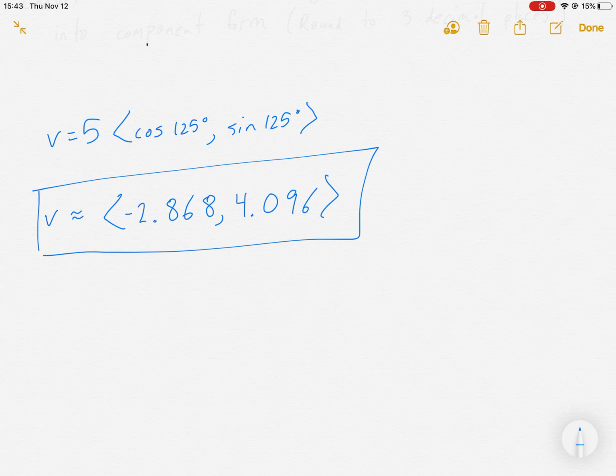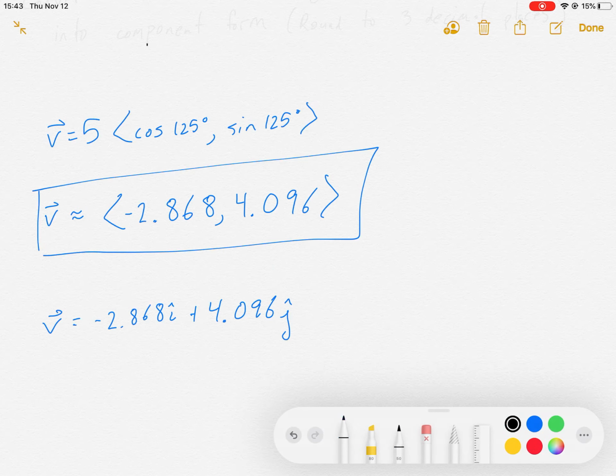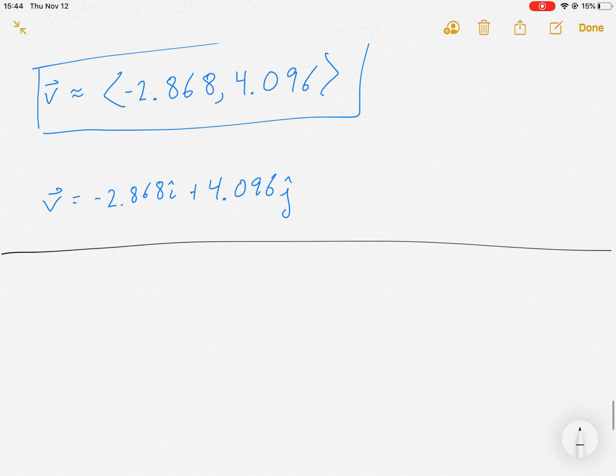Or you could write this using i hat and j hat, and you would just say that this is negative 2.868 in the direction of i hat, which is x, plus 4.096 in the direction of j hat, which is y. You could graph this, you could do some other stuff with it, but the big takeaway here is rewriting it in this format. So we really have 3 different ways to write vectors.